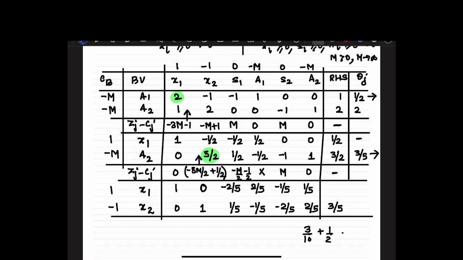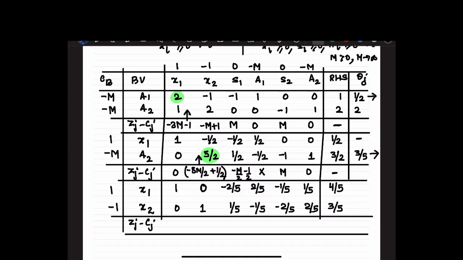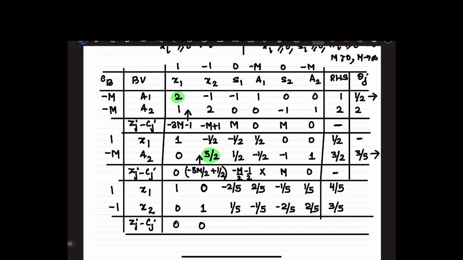3/10 plus half, which is 10. 3 plus 5, 8/10. So that is 4/5. Calculate Zj minus Cj. So Zj minus Cj is, this is 0. This is 0. S1 का कितना आता है?